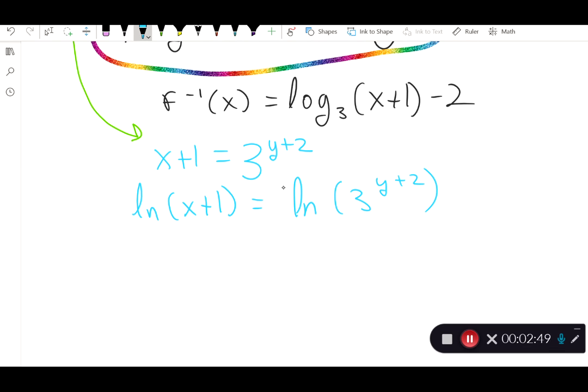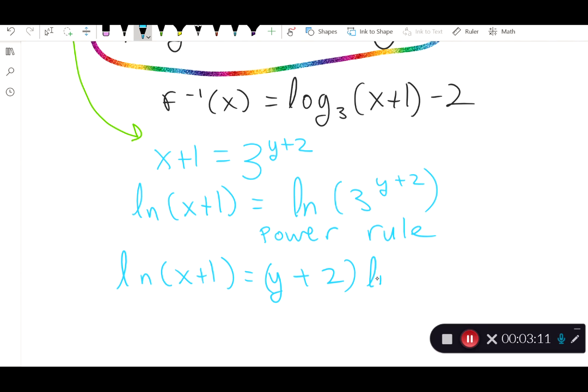Well, now we can use the power property. So by the power rule, we get ln of x plus 1 equals y plus 2 times ln of 3.